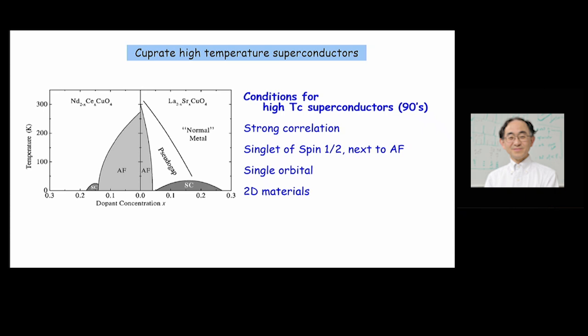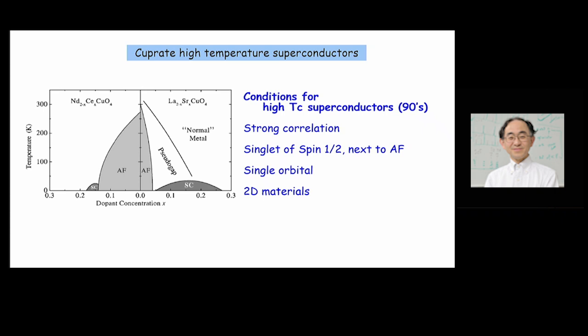Because in cuprates you have only the x squared minus y squared orbital, so a single orbital is essential, because at that time nickelates didn't show superconductivity. Right? So that was the reasoning, and you need 2D materials. So these are the list of conditions for high Tc.